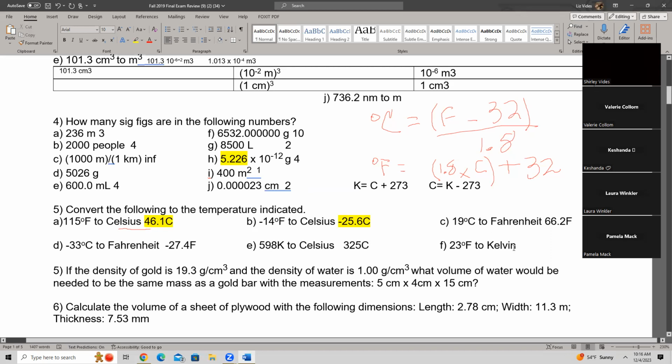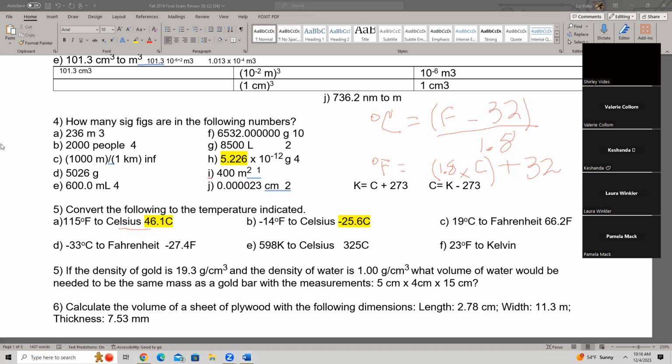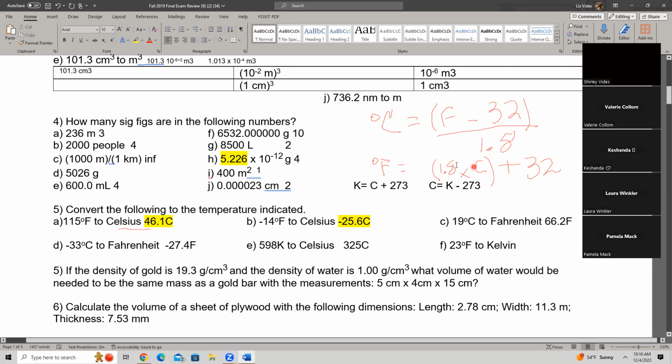And you have all the tools. You have to convert Fahrenheit to Celsius, then to Kelvin, correct? Because otherwise you can't. But it's easy because you can just use this formula and add 273 at the end.